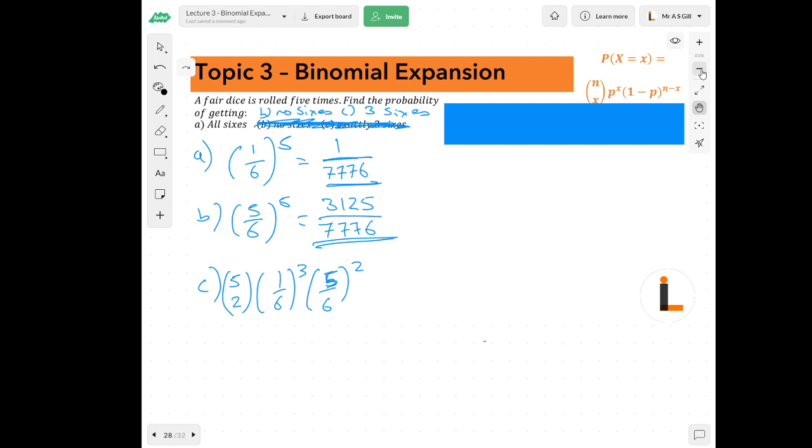So we've got the first bit. This is the number of ways in which we can get this outcome of 3 sixes and 2 non-sixes, multiplied by the probability of each of those individual events.